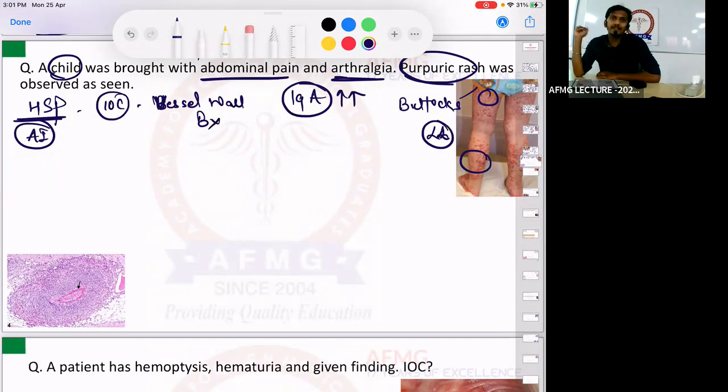IgA related vesicular disease, dermatitis herpetiformis. So here in blood, usually in lab investigations, we will find elevated levels of which immunoglobulin? Elevated levels of IgA, and as it is complement mediated, so low levels of C3. Complement जब use होंगे, their levels will fall down. ठीक है? No issues with this.